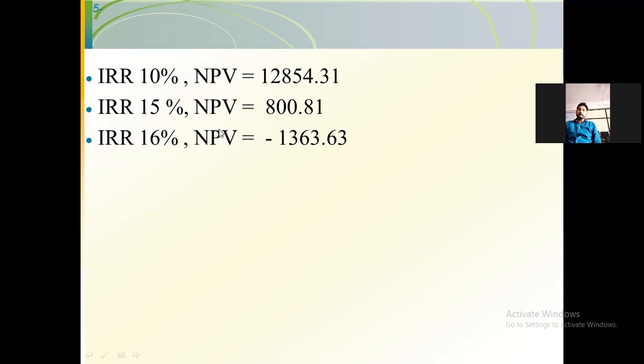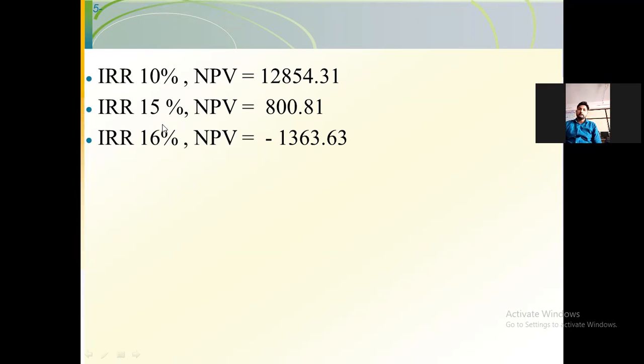So what it suggests is that whatever your business is, its internal rate of return should be in between 15% and 16%, because for these two values you are passing through 0, from 800 to minus 1,363.